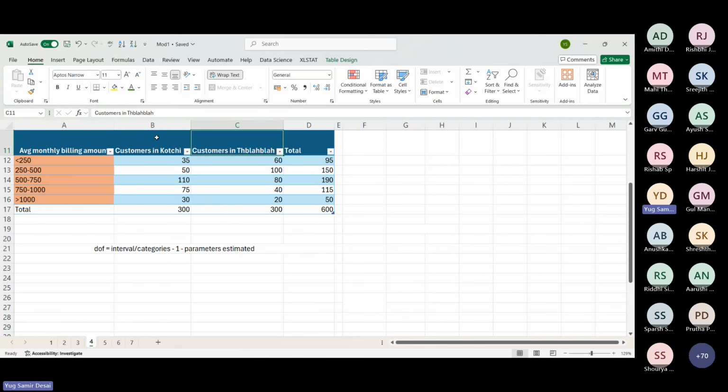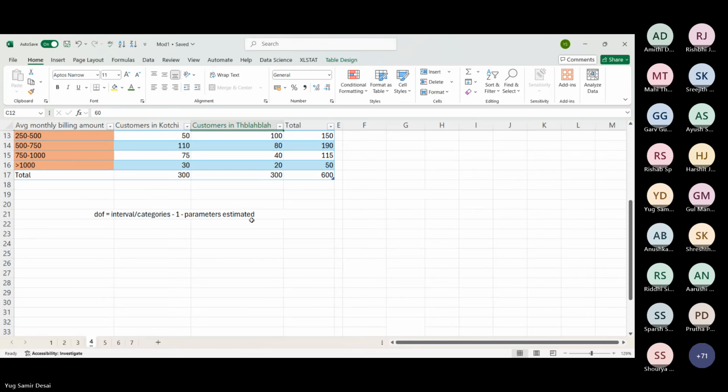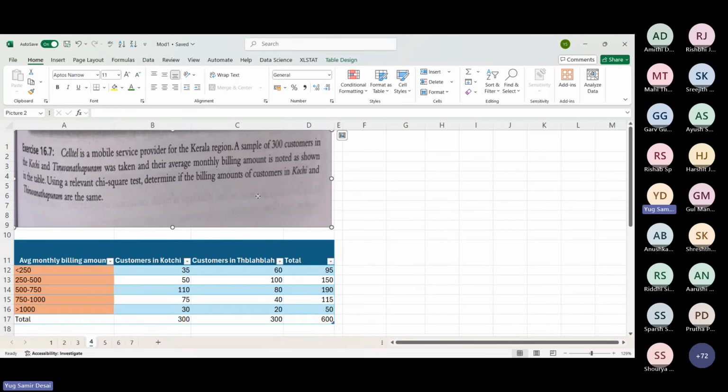So for the intervals, the parameters estimated in the customers for Kochi and Thiruvananthapuram.